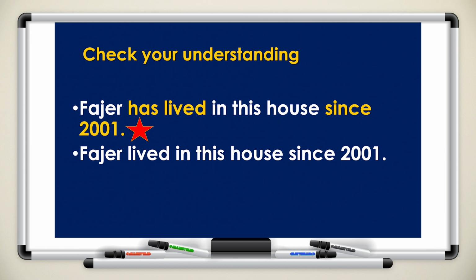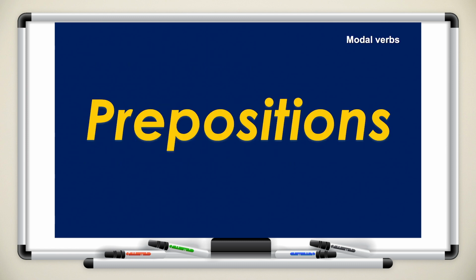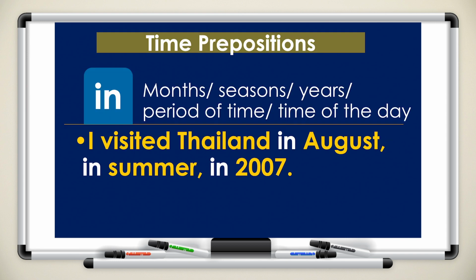Now, let's learn more about prepositions. You all know the prepositions. Time prepositions. In. Now, we use in when we want to refer to months, seasons, years, periods of time, or time of the day. For example, when I say, I visited Thailand in August, in summer, in 2007.